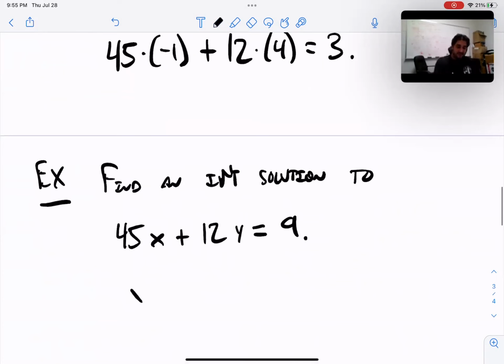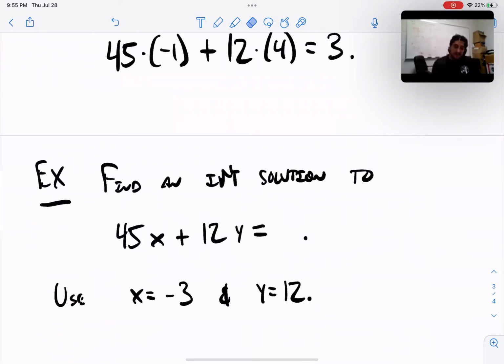Well, what would you do? We actually almost have the solution. Just take what we have above and multiply both sides by 3. Use x equals -3 and y equals 12, right? Just triple the equation that we already have written above, right? So you can solve integer equations like this, even if it's not exactly the GCD on the right-hand side. Here I had a multiple of the GCD, right?